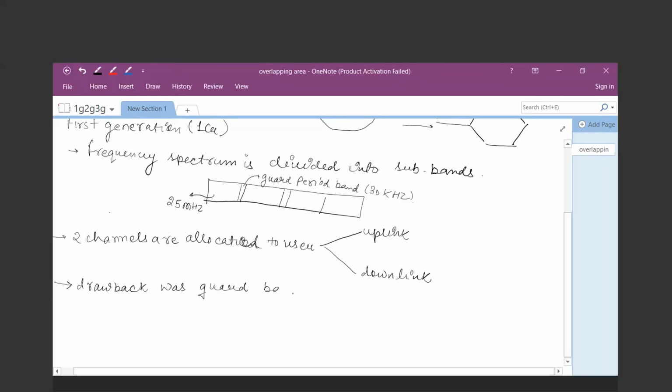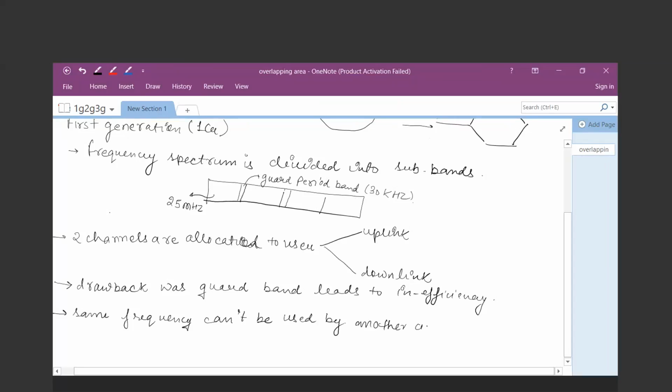Inefficiency is created because the same frequency can't be used by another cell.